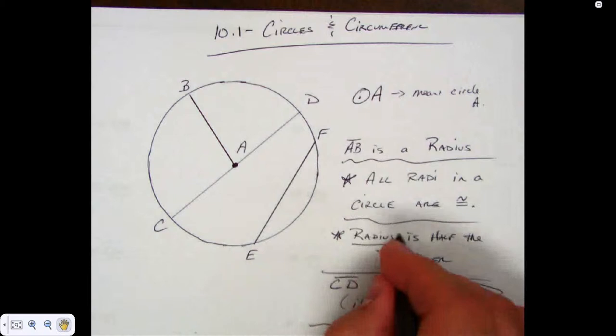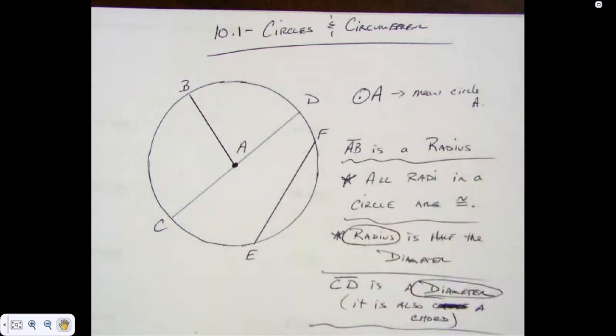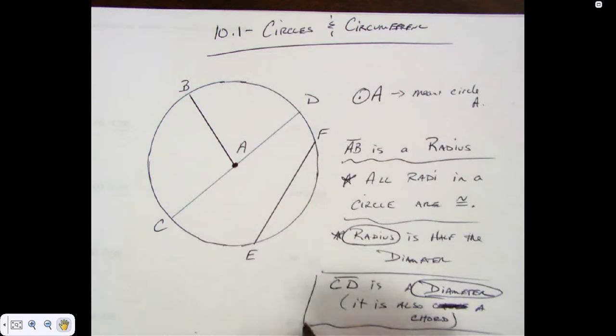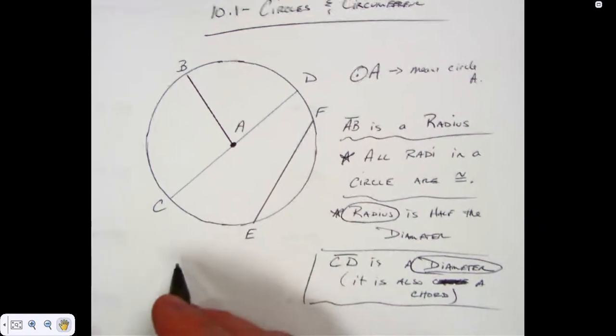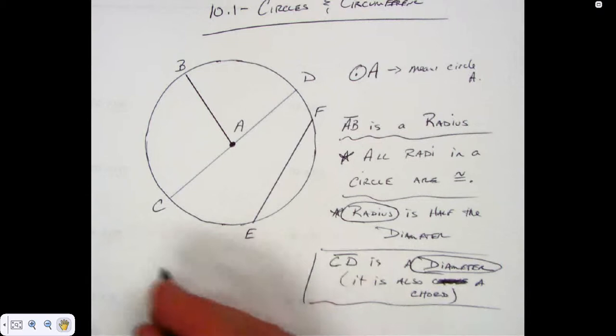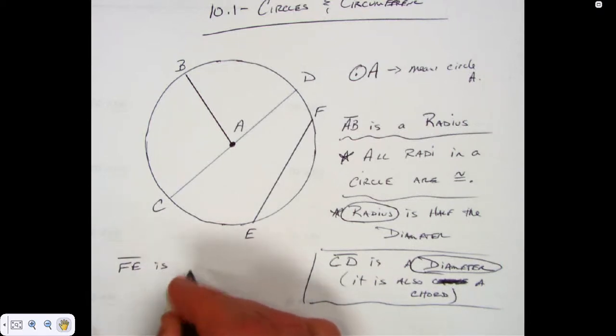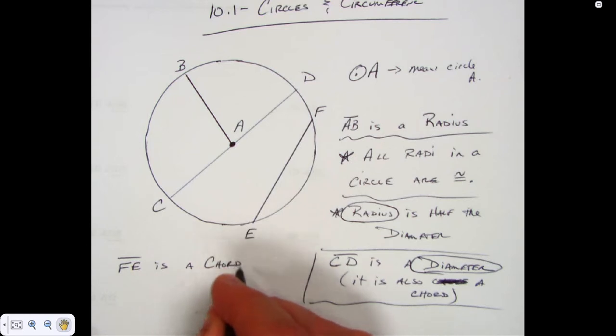Now, diameter, we've got radius, we got the center of a circle. Let's go over here so I don't have to zoom out anymore. FE is a chord.